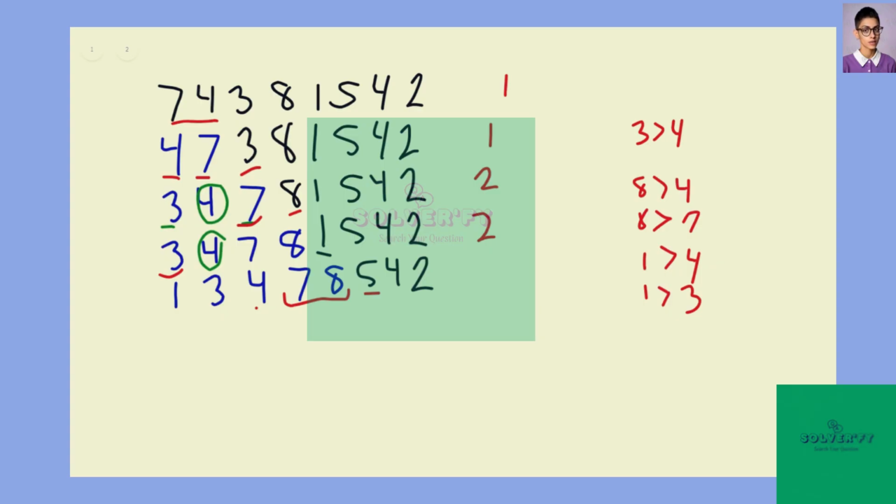But when we do the math here, we're going to end up comparing it to the 7. So we'll ask, is 5 greater than 7? And then the answer is no. Okay, so we got a greater than 4 and a not greater than 7. So it took 2 comparisons to be able to put that in its place.